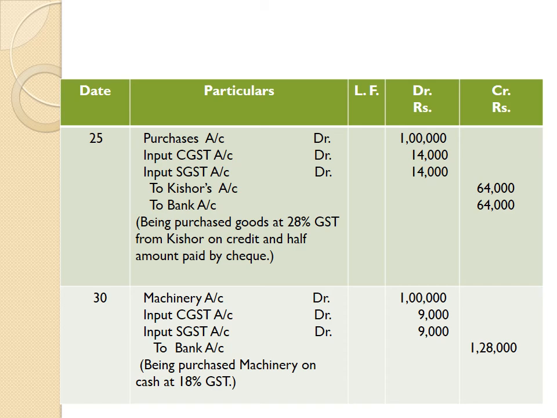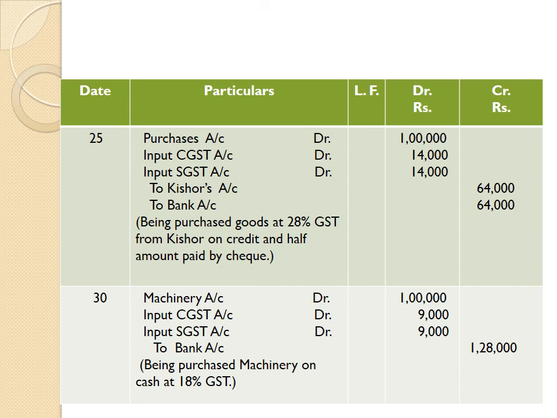Total of these three items rupees 1,28,000, that is cash gone, that is to bank account. Being purchased machinery on cash at 18% GST.